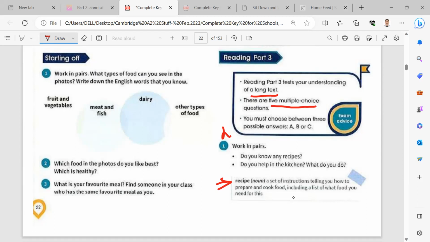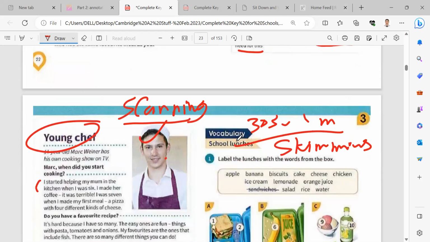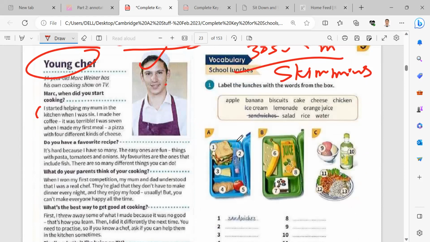So a recipe is a set of instructions telling you how to prepare and cook food, including a list of what food you need for this. Please, Nawaf, you have half a minute. Please skim this passage.